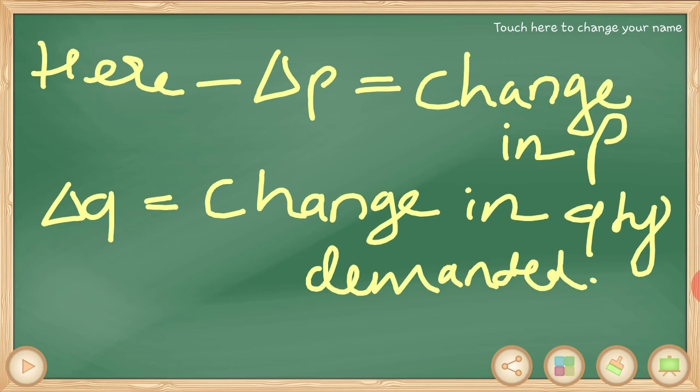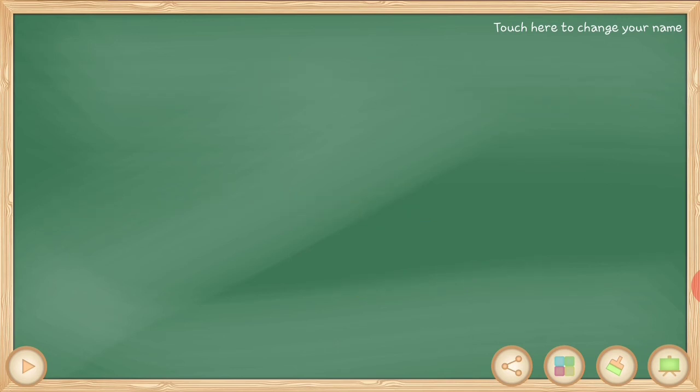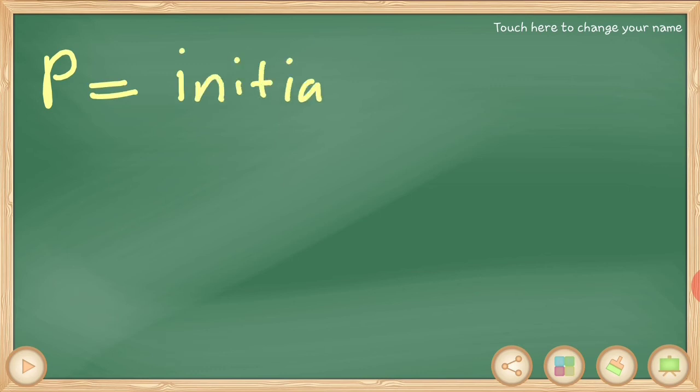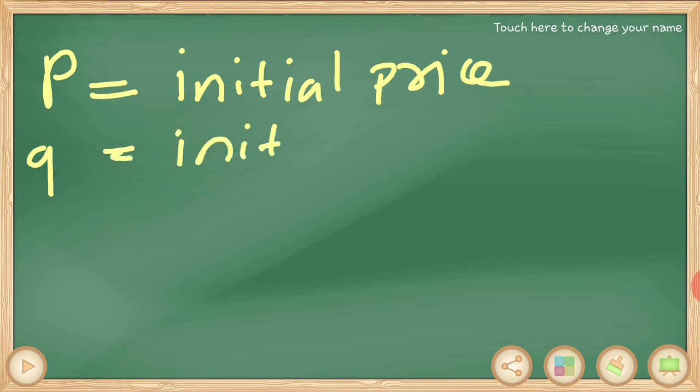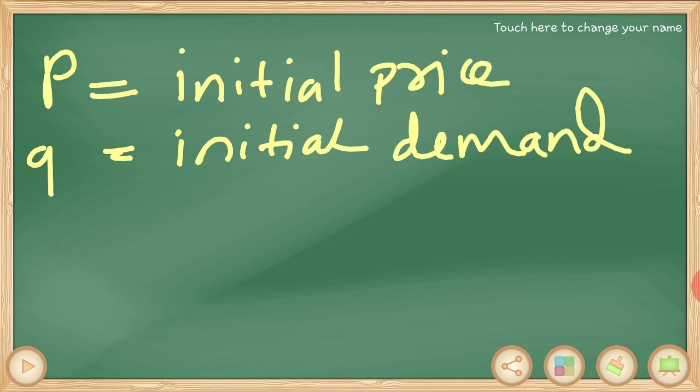Am I right? So, what is the formula? Delta Q by delta P into P by Q, where delta P is change in price, delta Q is change in quantity demanded. And what is P? P is equal to initial price. And Q is equal to initial demand. So, these are the things related to the formula.